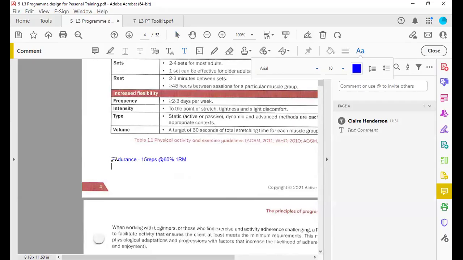If the client has specified hypertrophy, we're looking more at 10 to 12 reps, which would give you 70%, 1 RM. If the client is specifying strength, then we're looking at probably 6 to 8 rep max.